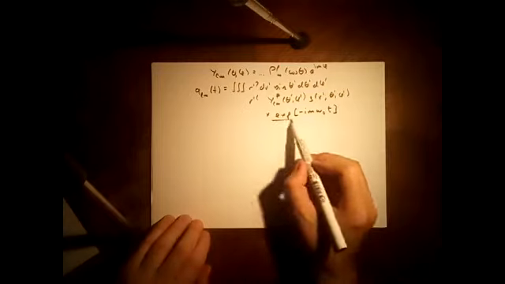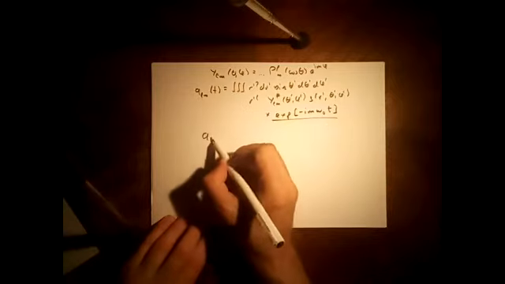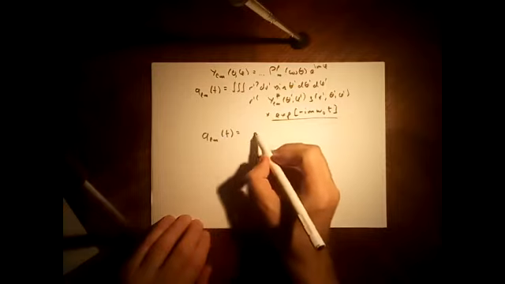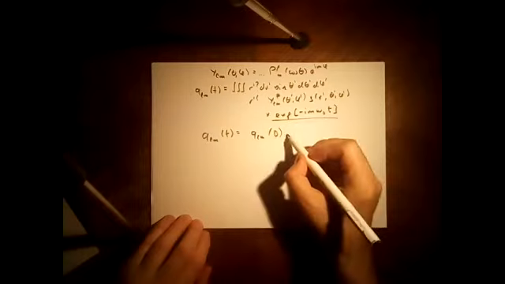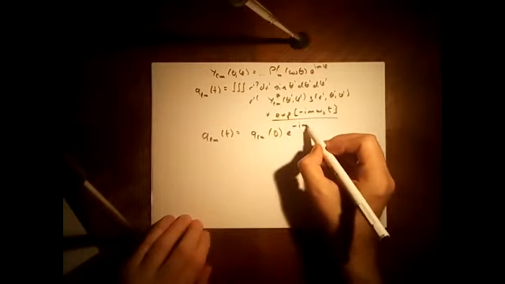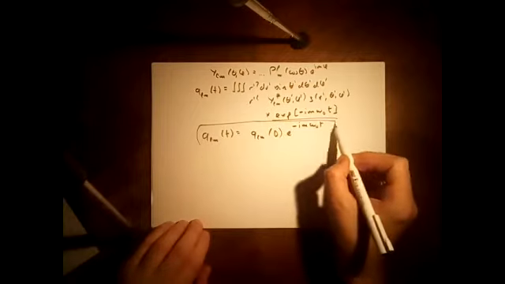All the time dependence is in here, and we can bring this out in front of the integral and write this in a much simpler form: the time-independent multipole moment times a frequency-dependent term. This is our first result.